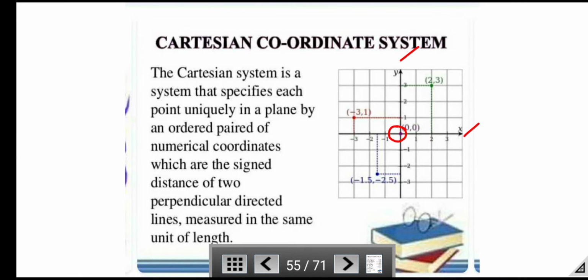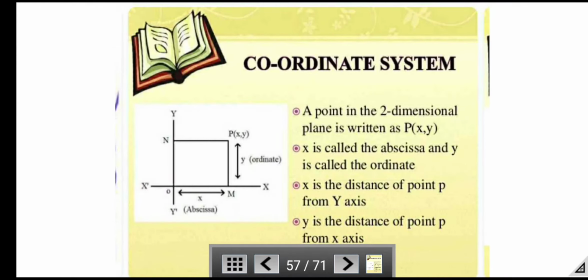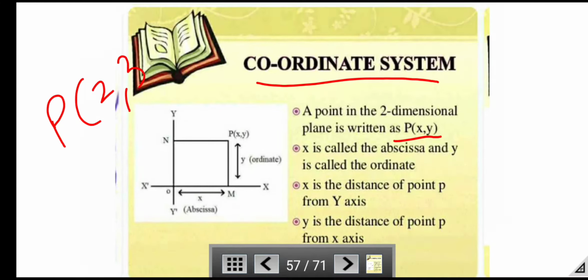These things you already learnt in previous classes. This is the origin and the coordinates of the origin are 0, 0. This is the point 2, 3. Coordinate system: a point in the two-dimensional plane is written as P(x, y). The point is written as P(2, 3).